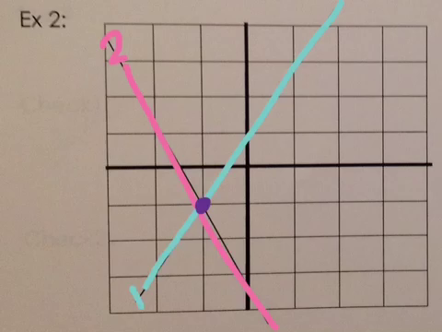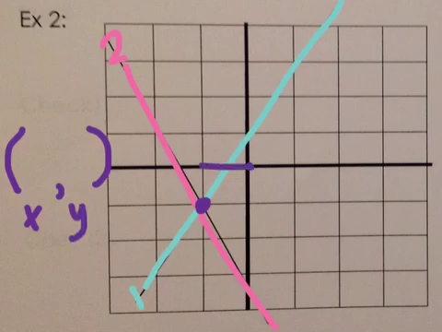Okay, so I need to look from my origin, which is always where I start when I'm plotting points. I need to figure out what my x and my y value is for my ordered pair. So starting here, for my x value, I had to go back 1. When I go back 1, I'm going in the negative direction, so my x value is -1. And then I need to go down 1.